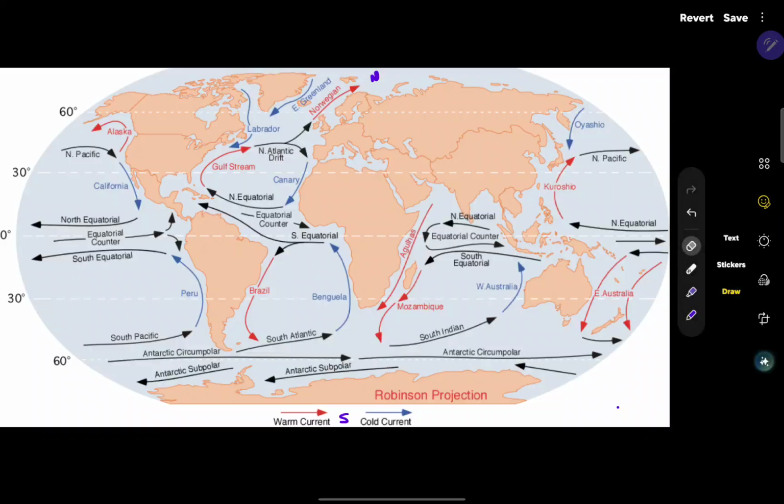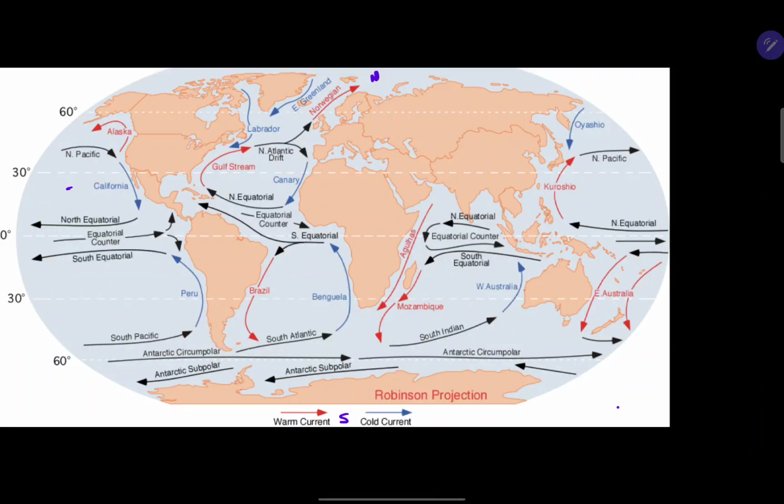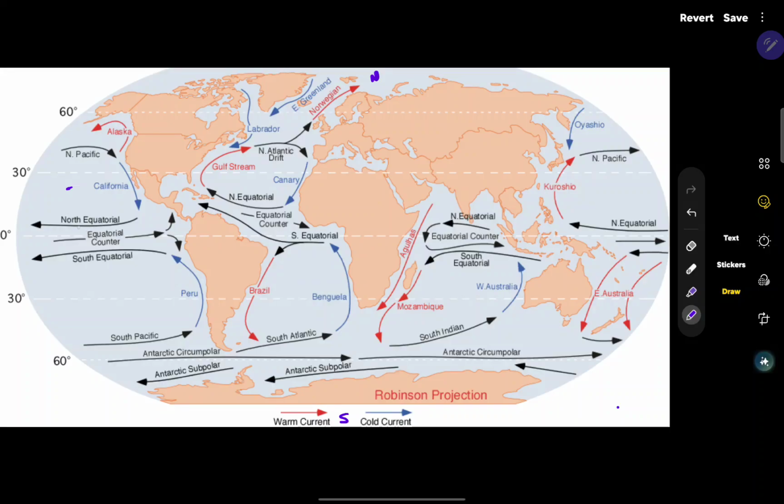Then let's suppose we will take only this part of our world. So you see north equatorial was going from east to west. After that it will touch the land.